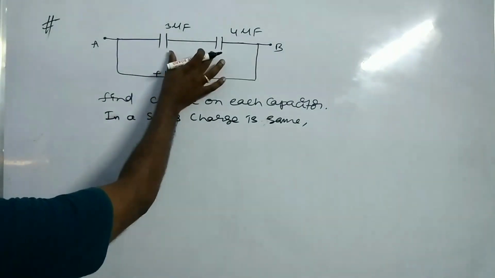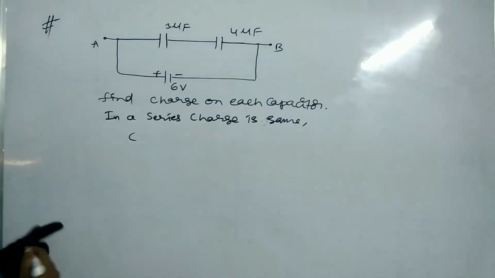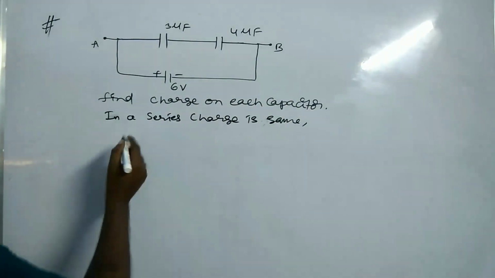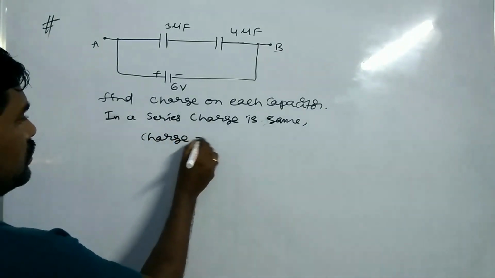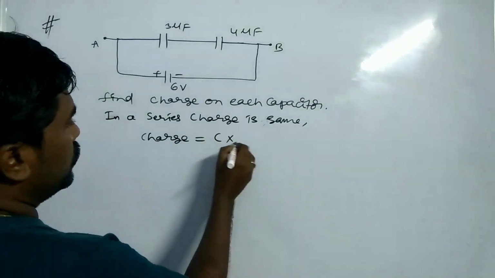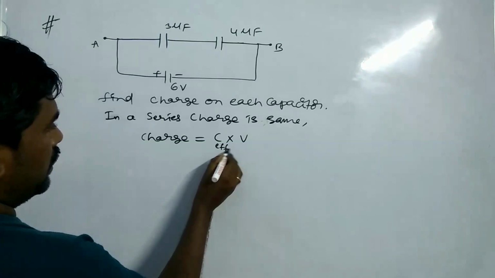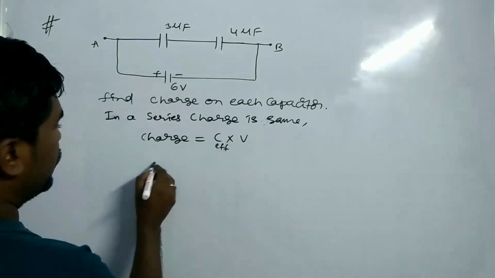So these 2 capacitors are in series combination, so we use the effective capacitance. The charge is equal to capacitance into potential. So what is the capacitance here? C effective, and the potential is 6 volts. So you have to find C effective.